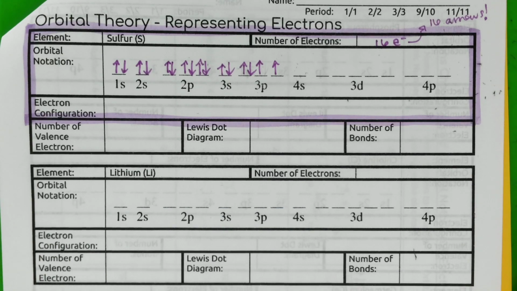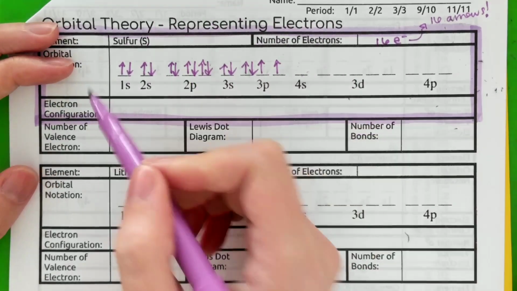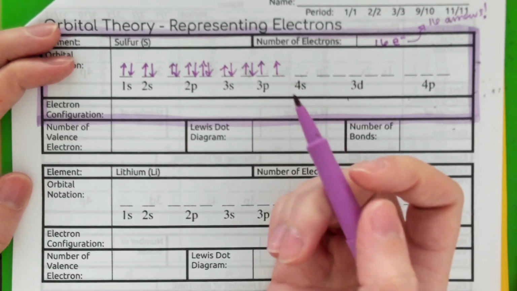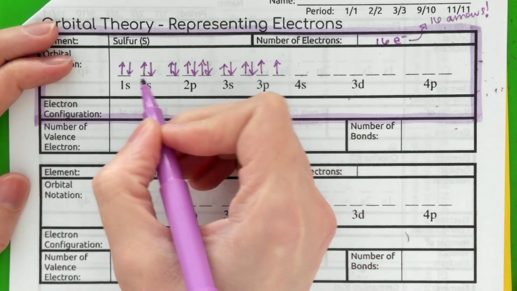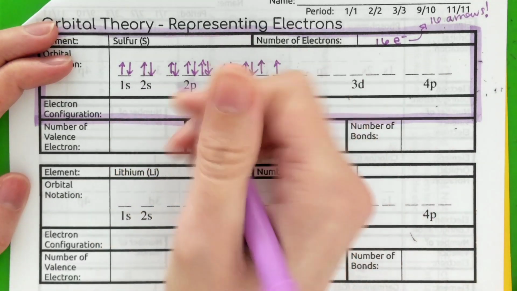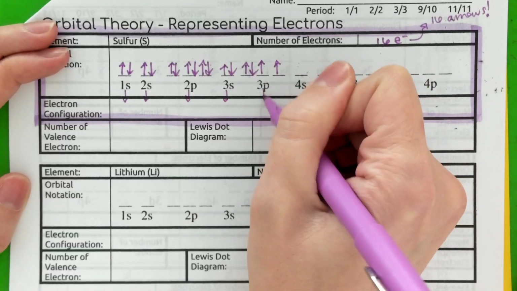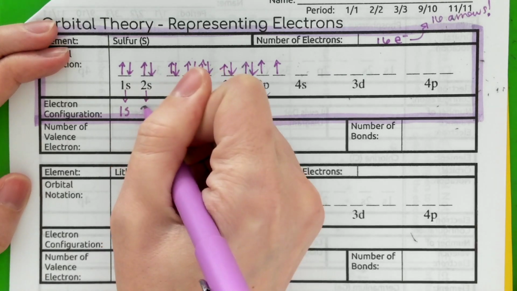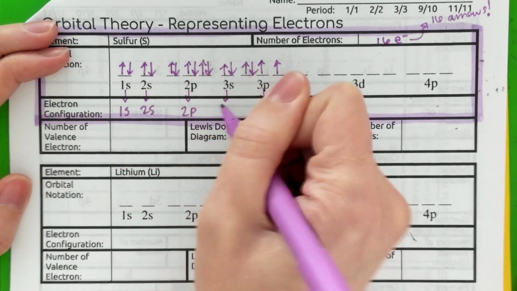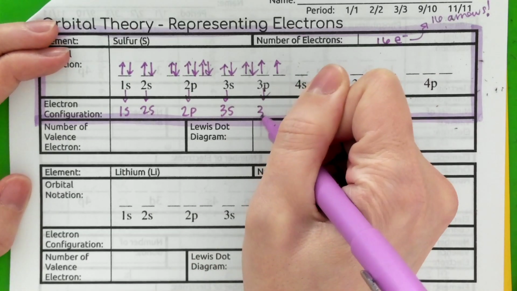All right, so last thing, we are going to take this and we're going to convert it to an electron configuration. So again, right, you take your labels from our orbital model, or orbital diagram. Right, carry them down, 1s, 2s, 2p, 3s, and 3p.